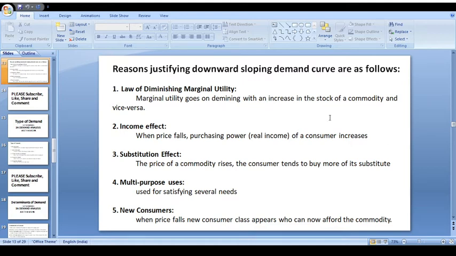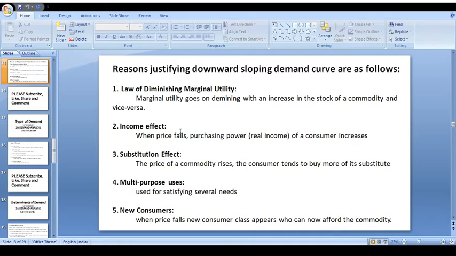This is known as the income effect. Hence, because of the income effect, our demand curve is downward sloping, left to right.